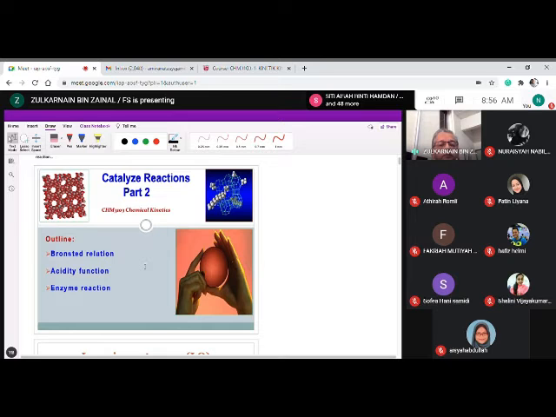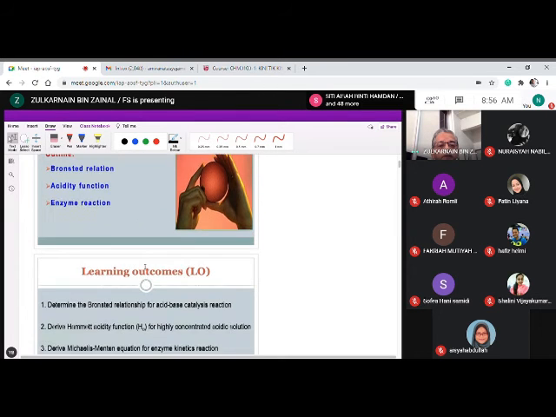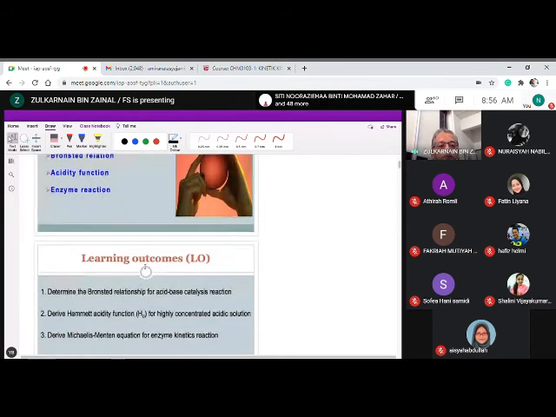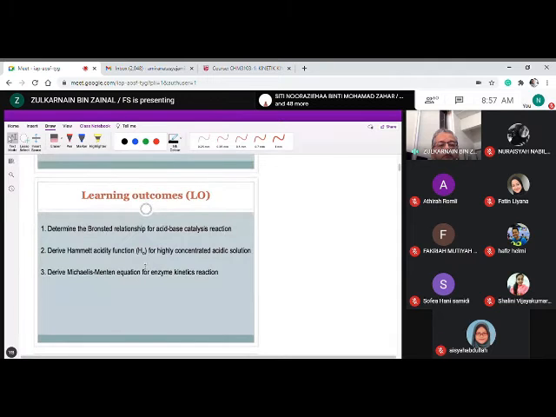But before we move on to that part, we're going to also go to some other parts which involve how we evaluate the strength of acid and base, and to see how the strength of the acid relates to the rate of the catalysis.